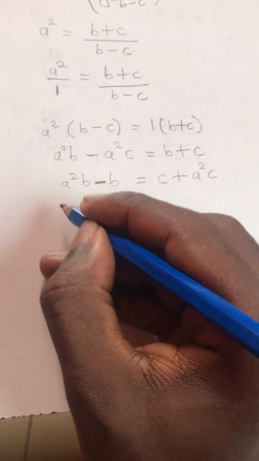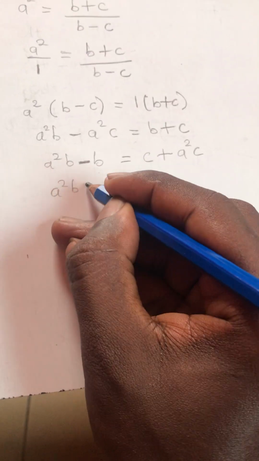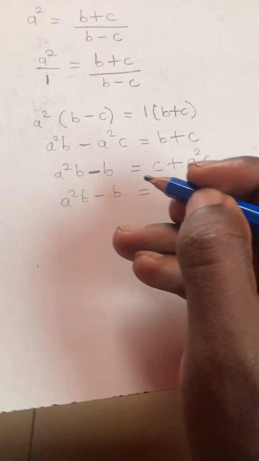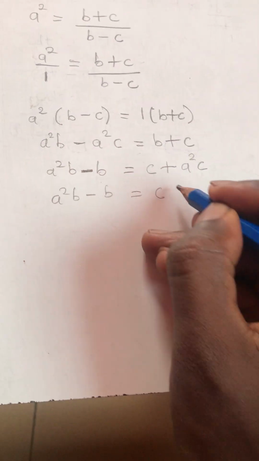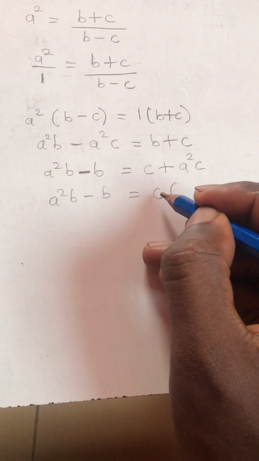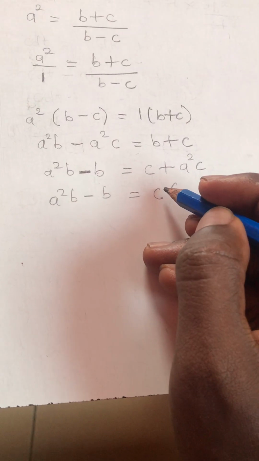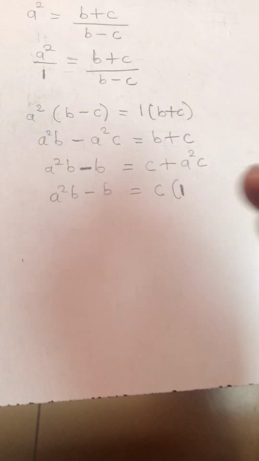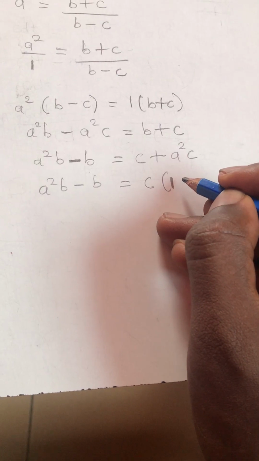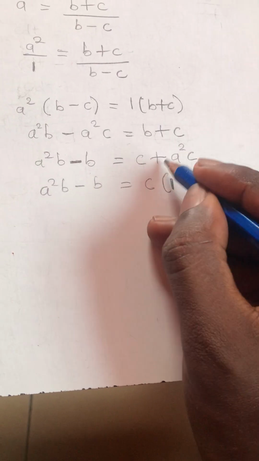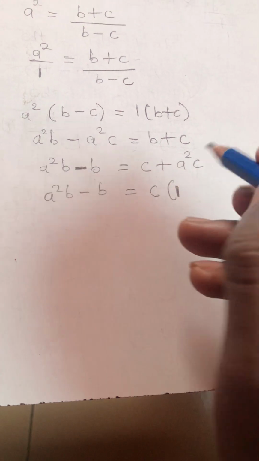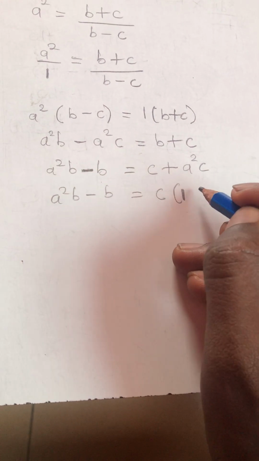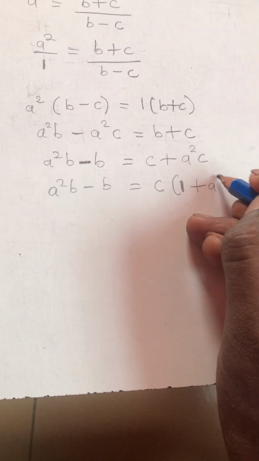So a squared b minus b equals, we are tasked to make c the subject of the relation, so we factor out c. Which variable can multiply c for us to get c is 1. Which number can multiply c for us to get positive a squared c? It is positive a squared.